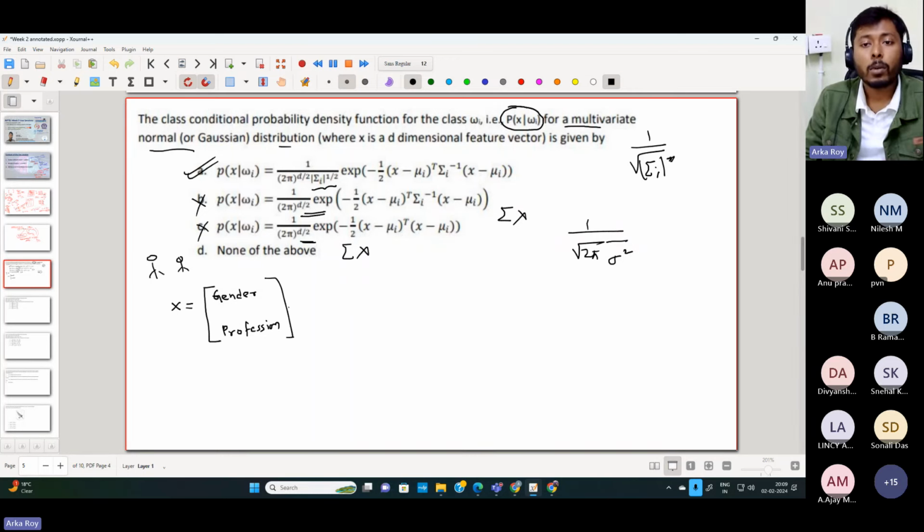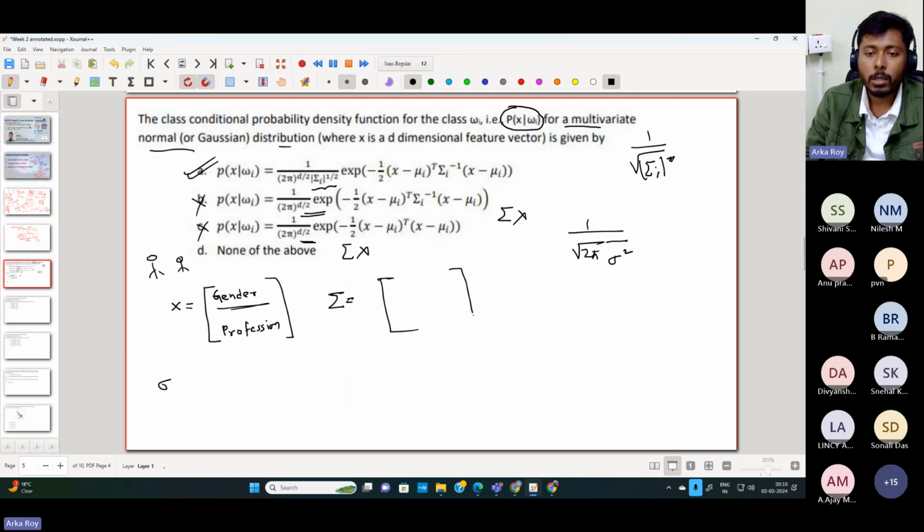Covariance basically gets the information regarding how gender relates with profession. In this particular case, what will be the shape of the covariance matrix? You have 2 features.